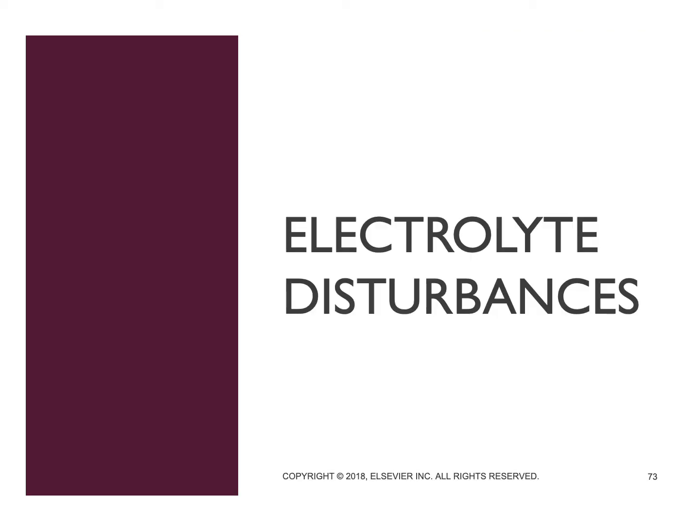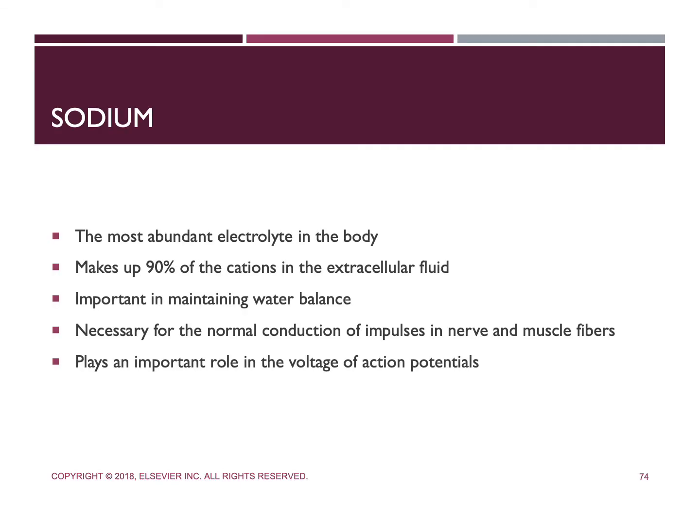Now we're going to head into electrolyte disturbances. The first thing we're going to talk about here is sodium. Sodium is the most abundant electrolyte in our body, and it makes up about 90% of the positively charged ions, or cations, in the extracellular fluid. It is important in maintaining water balance.